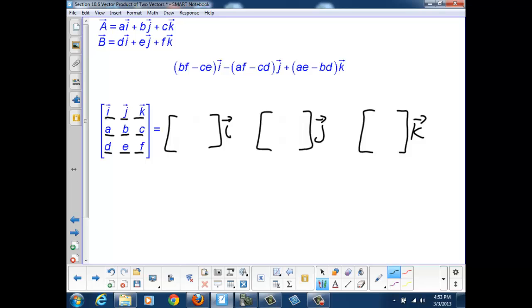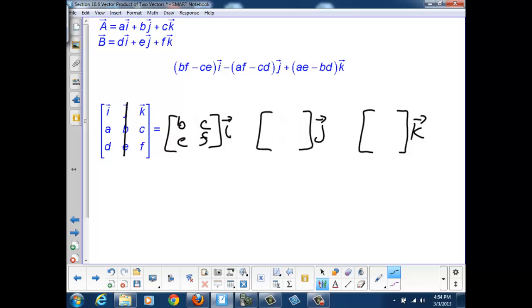To find the i component, I'm going to eliminate the row and column associated with i, and then take those 4 values that are left, B, C, E, and F, and create my 2 by 2 matrix. Then I'm going to do the same thing to create my matrix for j.